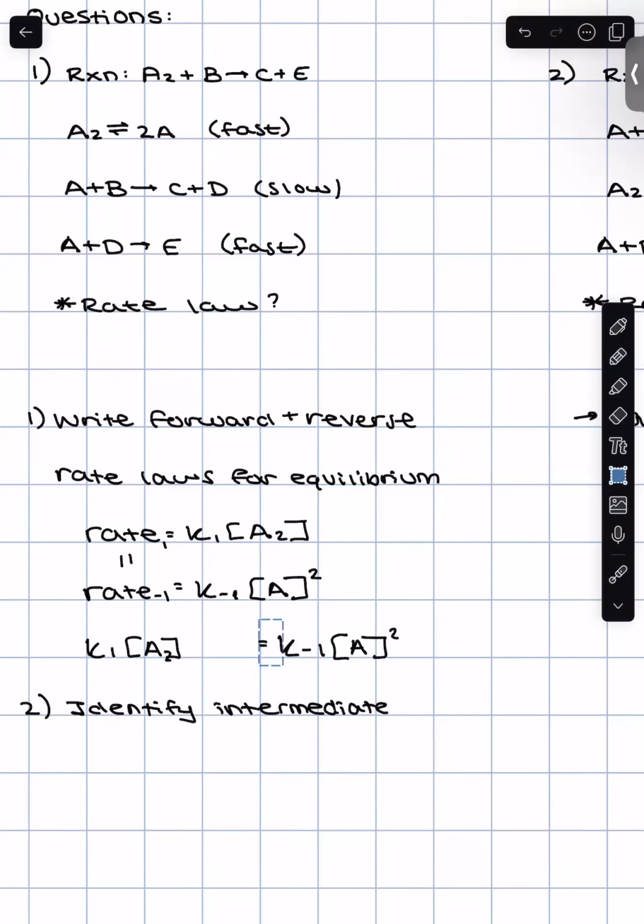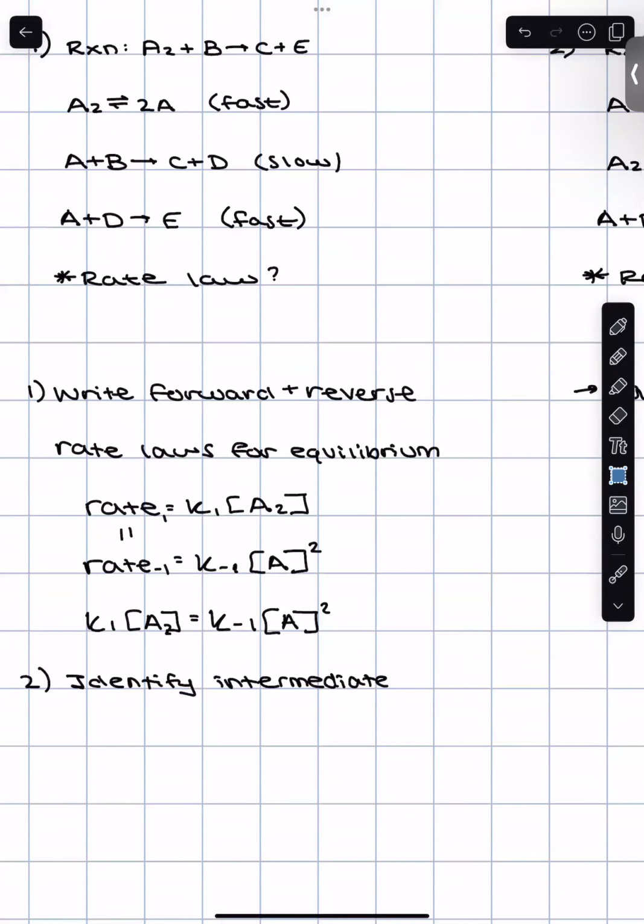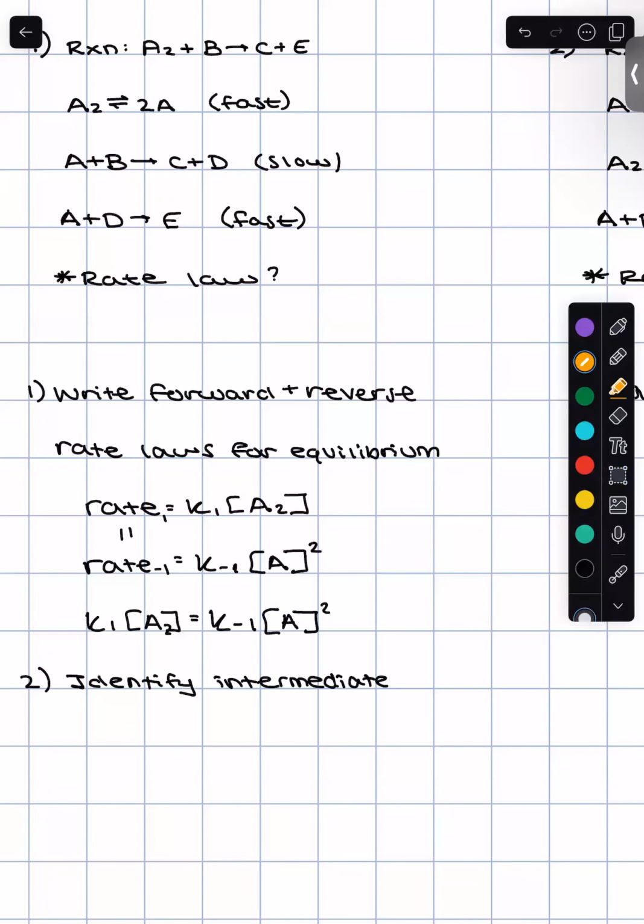All right. So set those equal to each other. What is the intermediate here? Just the A. Exactly. Just the A because it's produced here and it's consumed here.